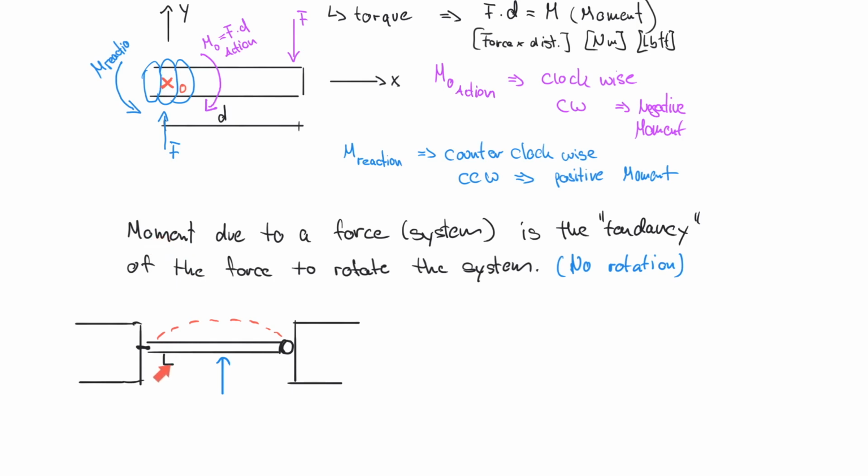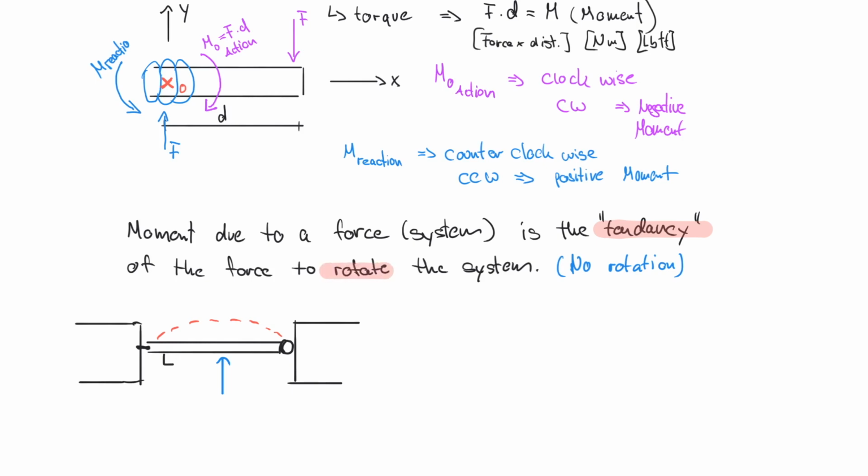However, as soon as somebody pushes down this doorknob and the door opens, the tendency disappears and you actually end up with true rotation. The door will actually open in this direction, and therefore the bow will go away and there will be no moment created anymore. So that is the concept of a moment, and it is important to understand that we talk about the tendency to rotate.